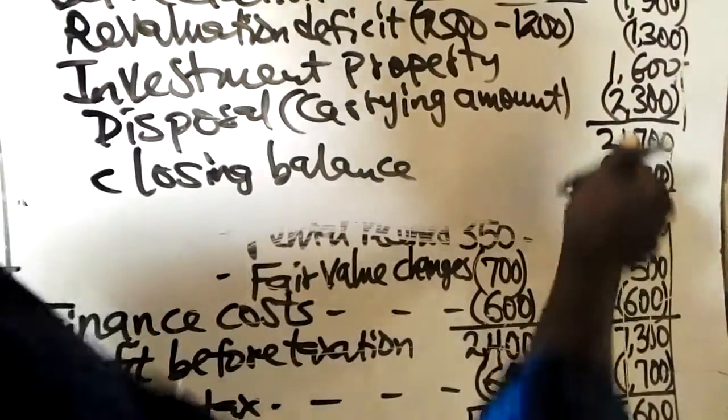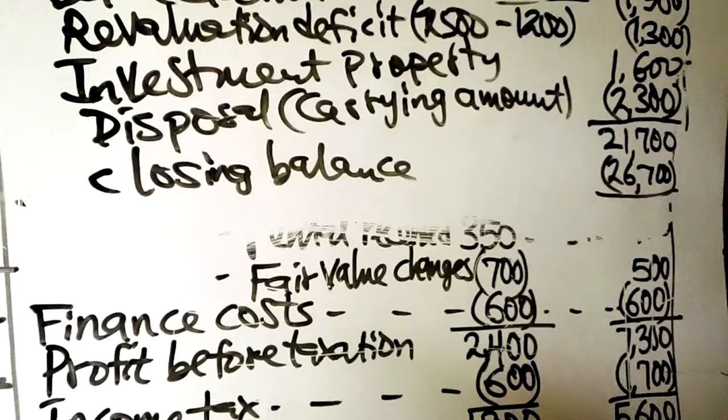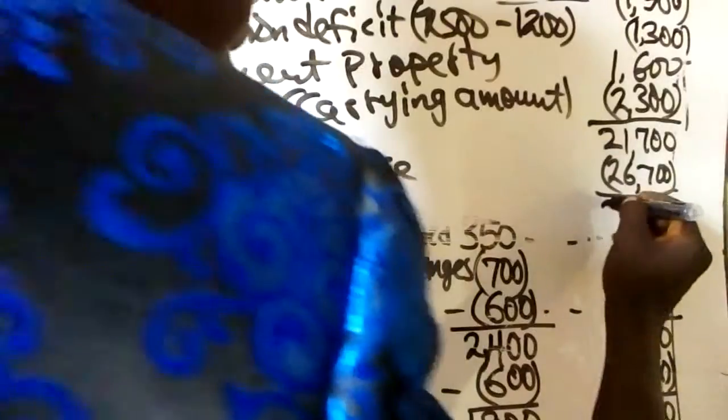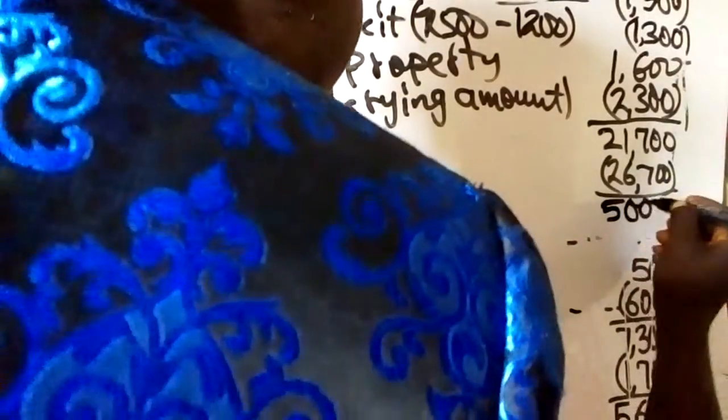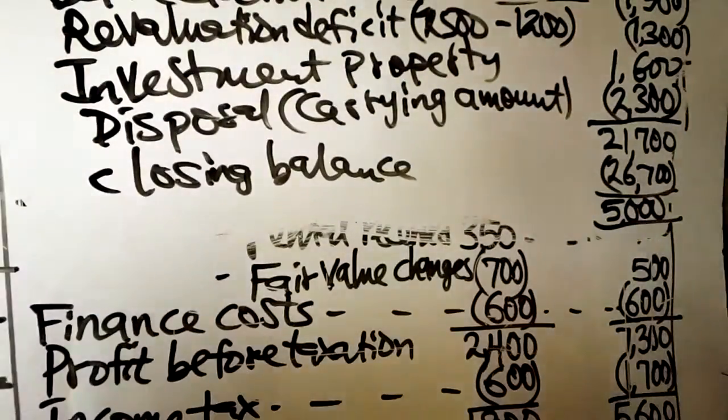Since the closing balance exceeds this, that means more PPE has been bought. That is why the value of the PPE has increased. More property, plant and equipment have been bought.